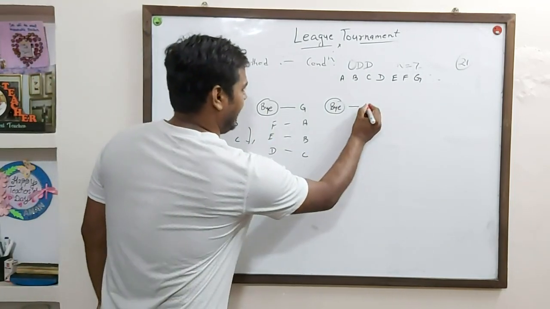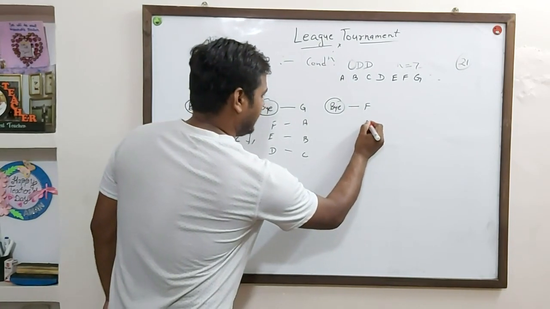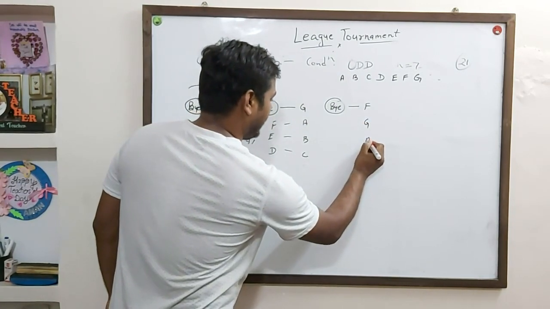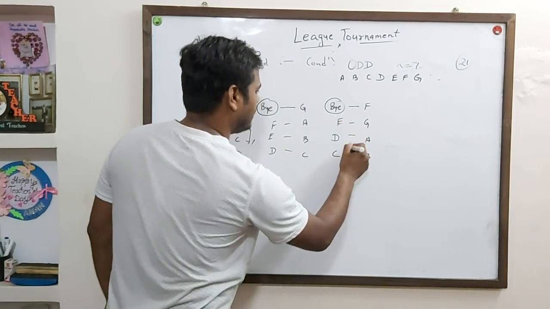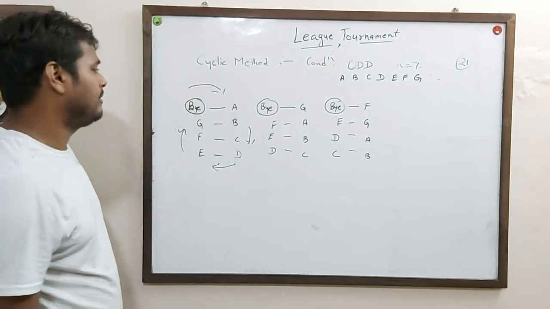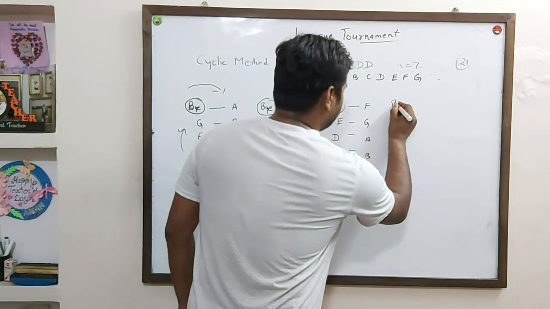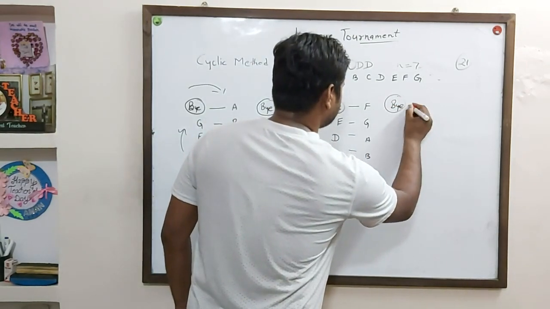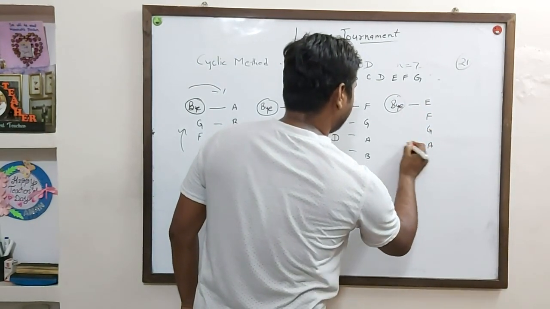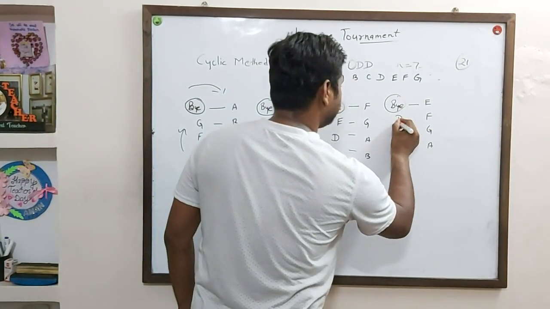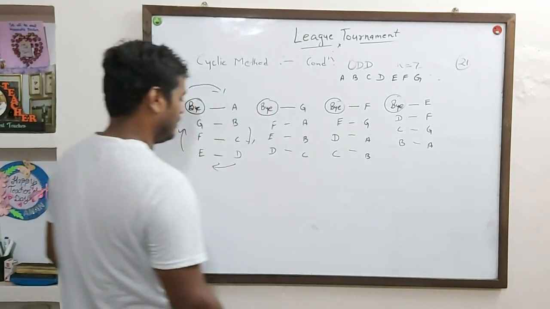In place of G, F will come, in place of A, G will come, and the same way A, B, C, D, E. In the next step again E, F, G, A, B, C, D.